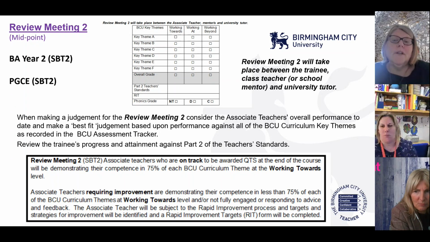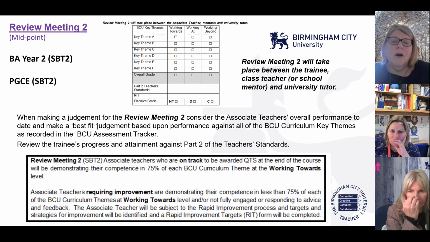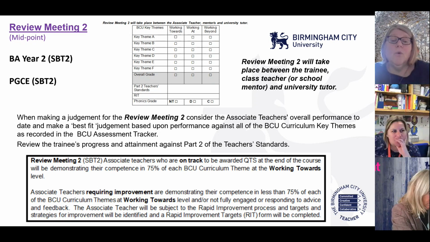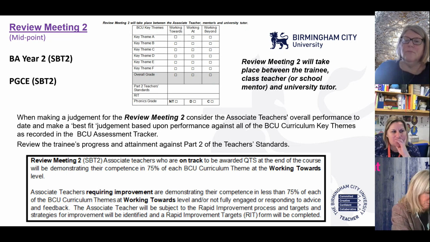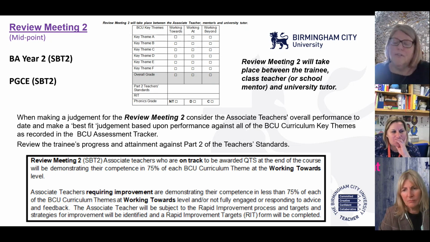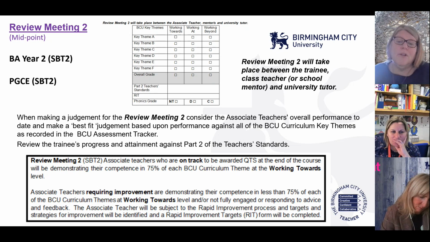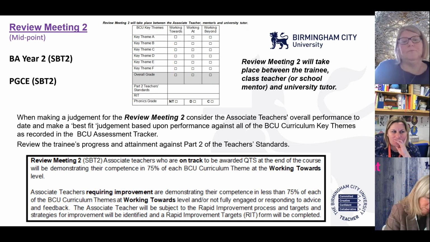So it would be really looking at that tracker and identifying where those gaps are and what we need them to do, really focused practice in order to get them back on track. And that can be done at that review meeting in discussion between yourselves, the UT and the associate teacher as well.